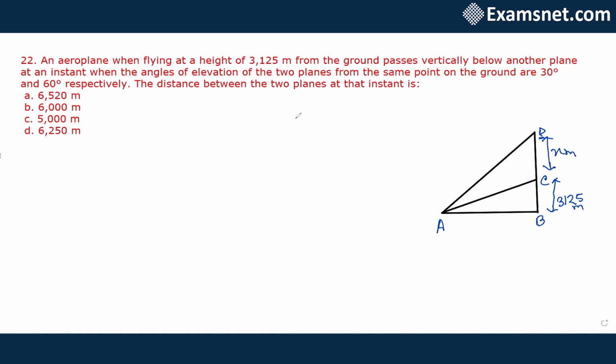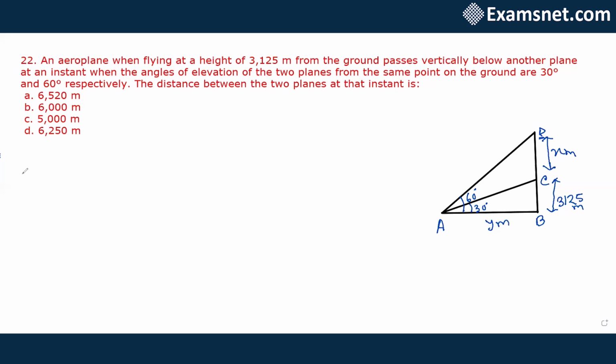Now the angles of elevation of the two planes from the same point on the ground are 30° and 60° respectively. So here angle CAB is 30° and angle DAB is 60°. We can again assume the length of AB as y meter.